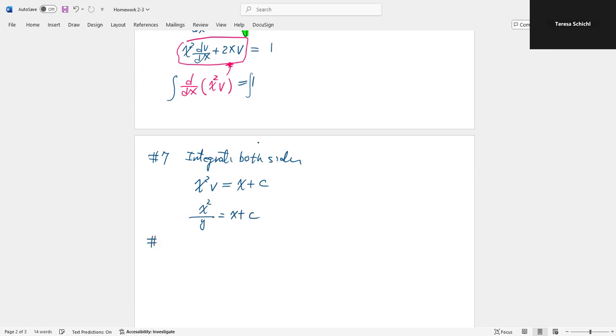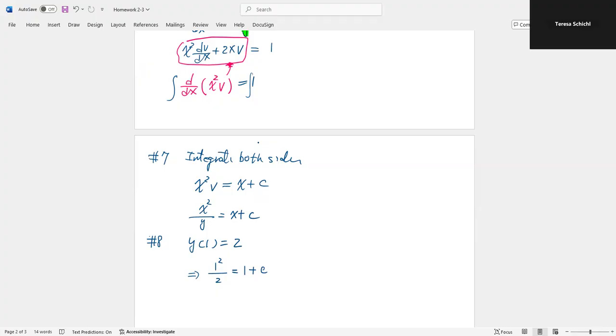All right, so substitute the initial value. My initial value is y(1) equal to 2. So 1 squared over 2 is equal to 1 plus c.